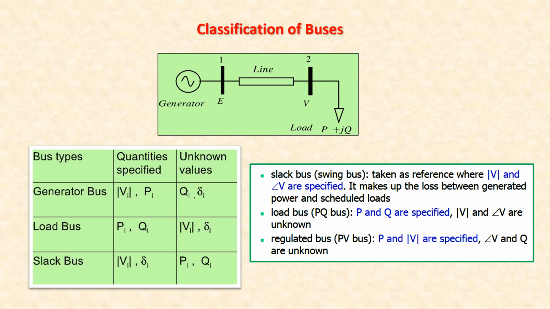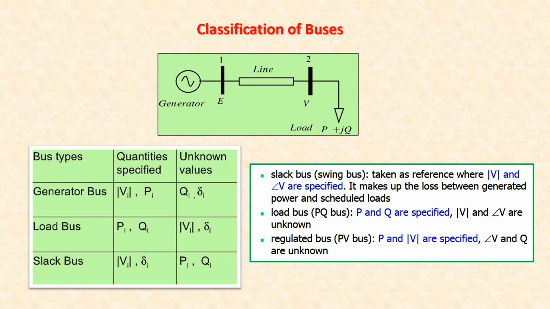Now why do we call these buses PV buses? Because the power generation of such buses can be controlled through a prime mover, while the terminal voltage is controlled through the generator excitation. So keeping the input power constant through the turbine governor control and keeping the bus voltage constant using an automatic voltage regulator, we can specify constant Pi and Vi for these buses, and that's why we refer to these buses as PV buses.